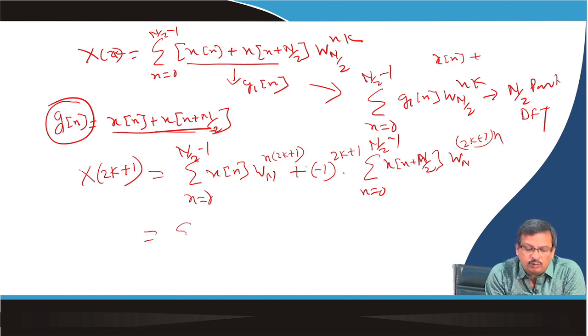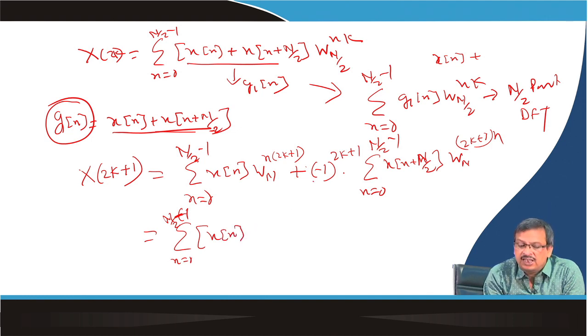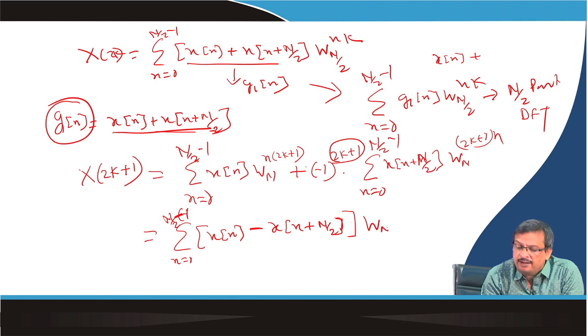So, I can combine together the sum over n equal to 0 to N/2 minus 1 of x(n). See, since 2k plus 1 is odd, it is nothing but a minus x(n plus N/2) times W_N^(2kn) into W_N^n. So, this is nothing but N/2.